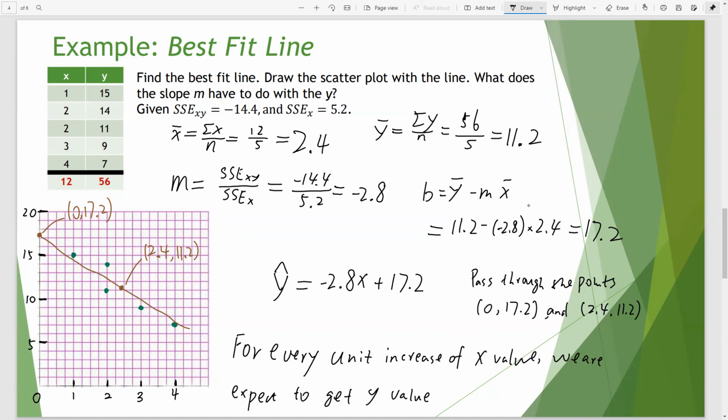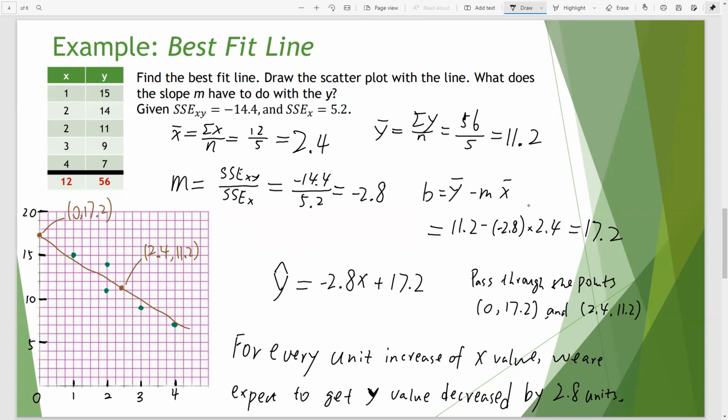So it's decreased by 2.8 units. Right, so that's what we expect for the slope. Every 1 unit of x increase, the y is expected to get a 2.8 unit decrease. So that's what the slope shows us.